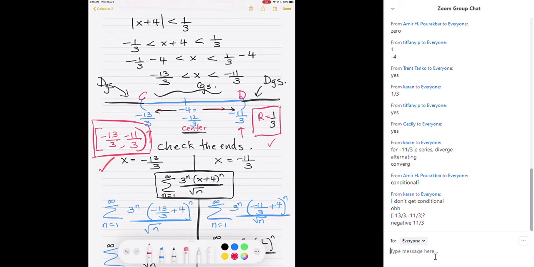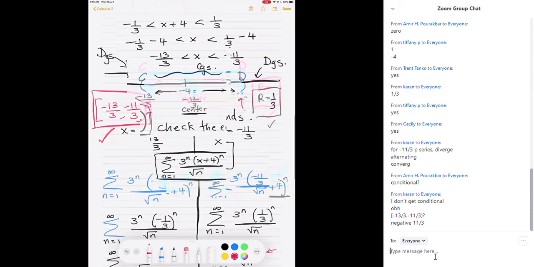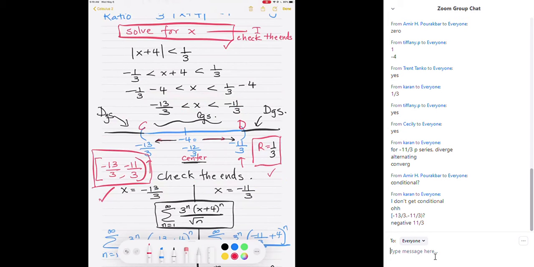So questions, because I'm just going to do this example. I think it's just a little bit an extension of the ratio test, which you've already done. So the only part here is you've got to solve for x and check the ends. So you just got to solve for x, check the ends, and you should be okay. And that brings us to heavier stuff, which I do want to do today.